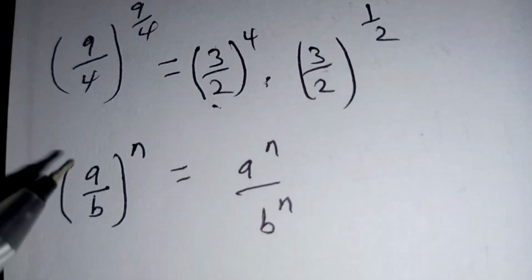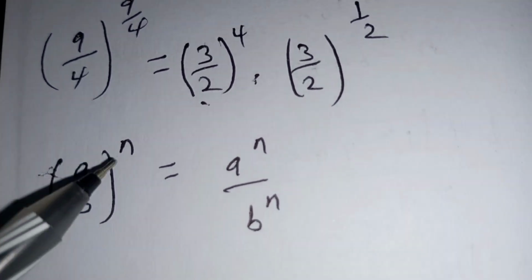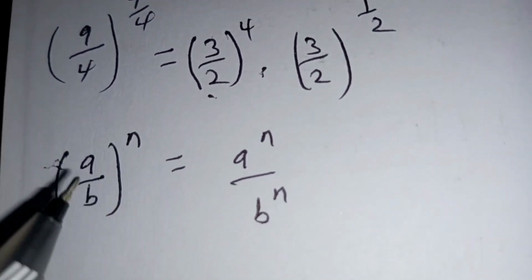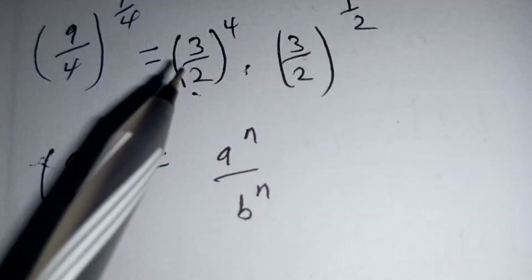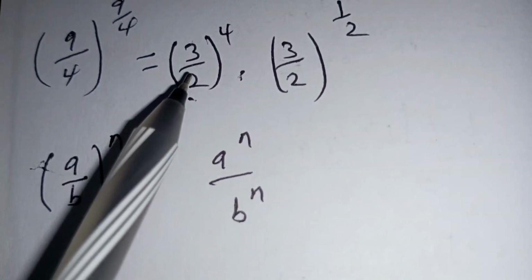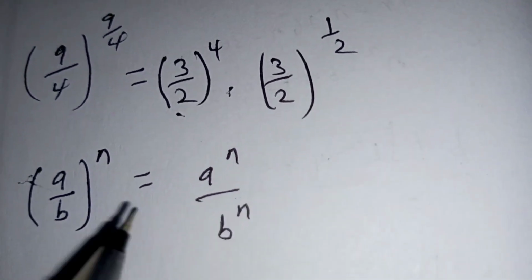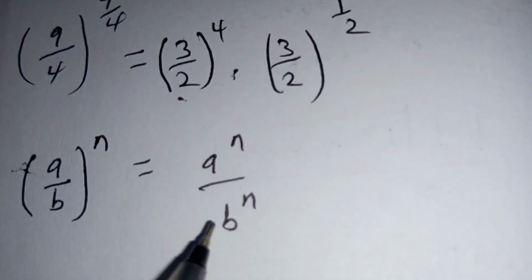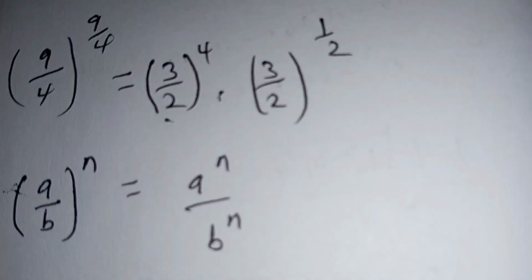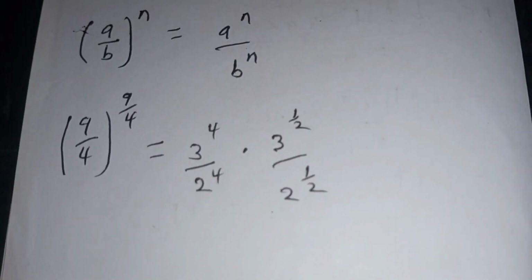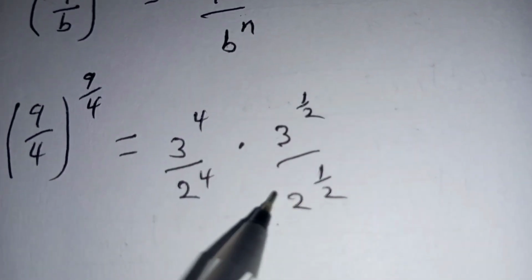We are going to make use of this: if you have (a/b)^n, the index means every part inside the bracket to the power of the index n. In our case, the first case, our n is 4 and the second part, our n is half. So making use of this law of indices in the first part and the second part, this is what we have.